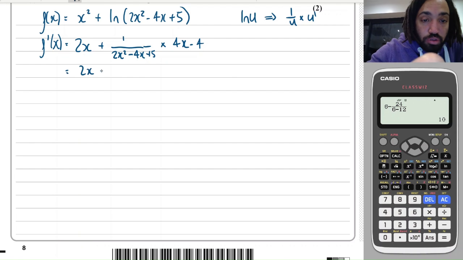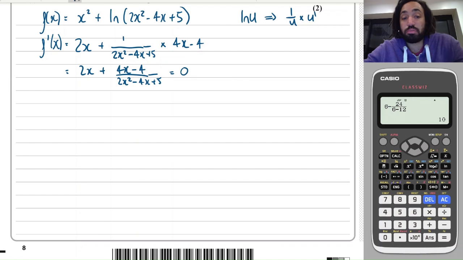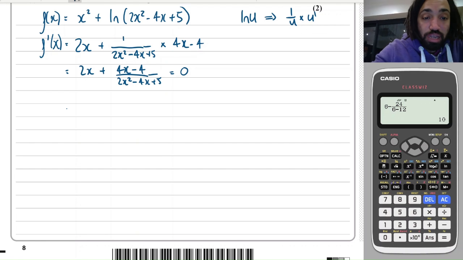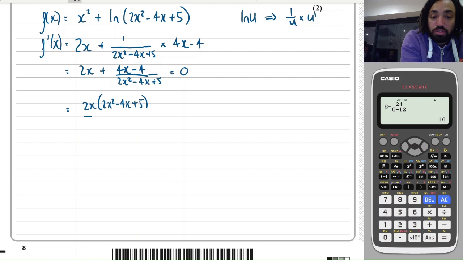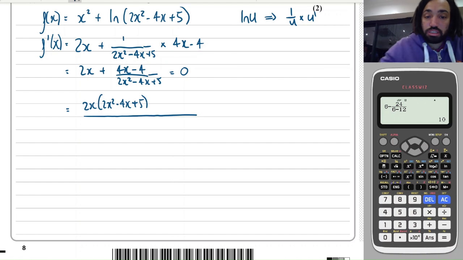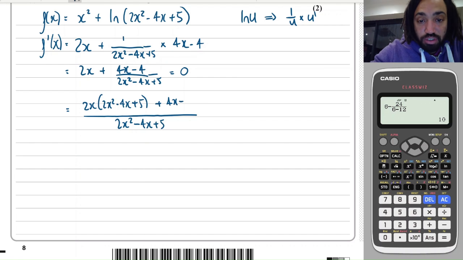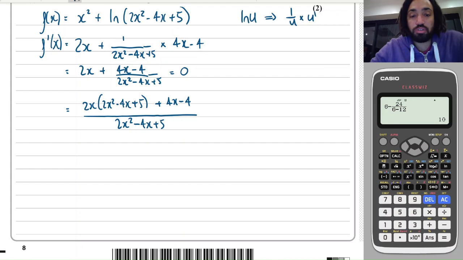So we are looking to simplify this as much as possible and set it equal to 0 because we're trying to find the turning point. Let's make it into one whole fraction. So I multiply 2x by 2x squared minus 4x plus 5, because then I can also divide it by the same thing to cancel out and leave 2x. So I'm going to be dividing it by 2x squared minus 4x plus 5 as well. And I've also got this 4x minus 4 over this 2x squared minus 4x plus 5, and that equals 0.